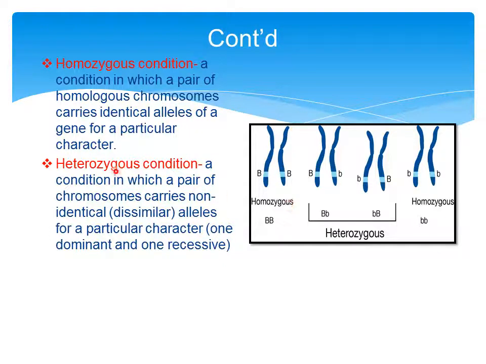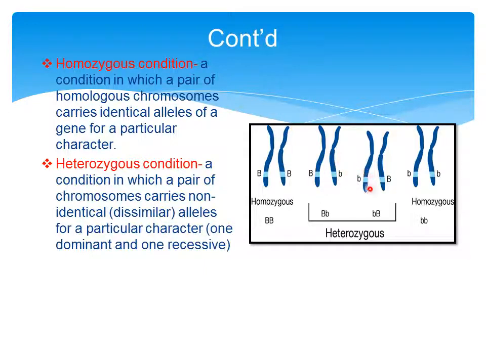What happens in the heterozygous condition? It is a condition in which the pair of chromosomes carries non-identical or dissimilar alleles for a particular character, that is, one is dominant and the other is recessive.